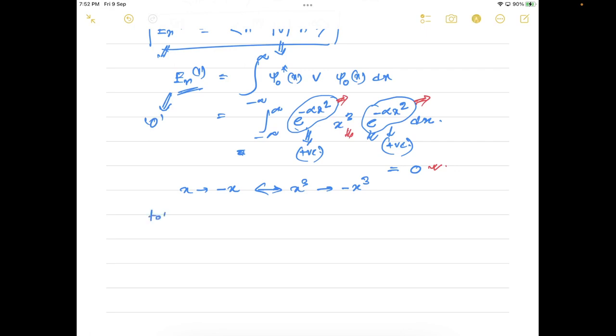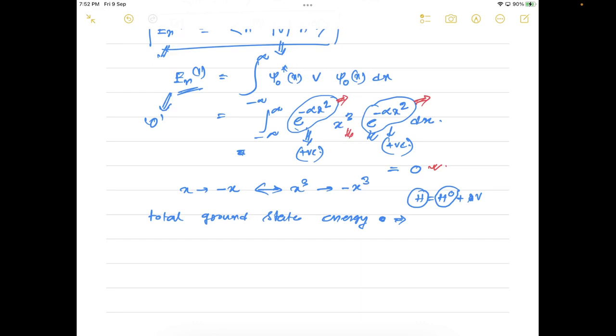So for this problem, the total ground state energy, what will it be? Our Hamiltonian will be just H equal to H naught plus lambda times V, right? So the total ground state energy corresponding to this H will be the ground state energy corresponding to H naught, which is the harmonic oscillator.